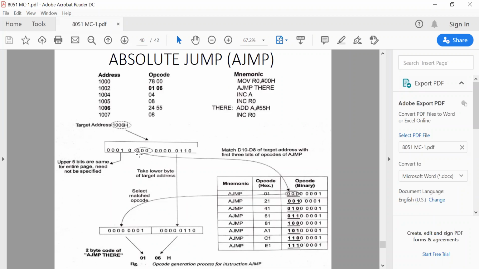The next 3 bits matter too, because AJMP has several versions, for page number 0, 1, 2, 3, 4, 5, 6, 7. So you need to check whether these 3 bits are in the same page or not. After that, the rest remains the same, 000.